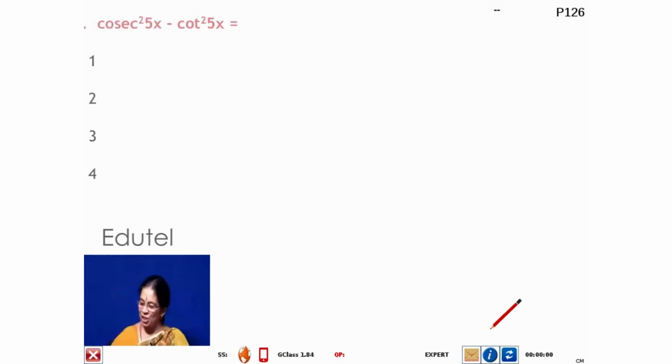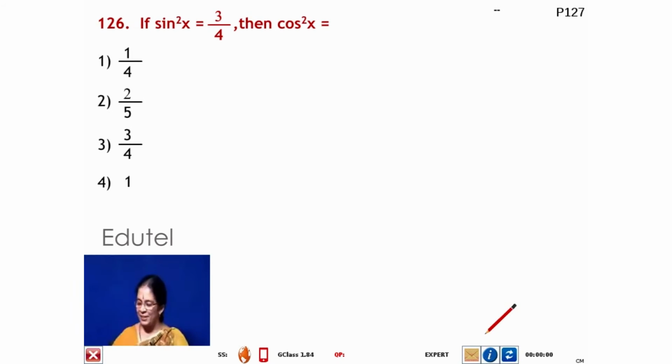Shall we go to the next question? Here it is quite different. Sine square x is given as 3 by 4. Your work is to find cos square x. How are you going to do it here? Which formula are you going to use?